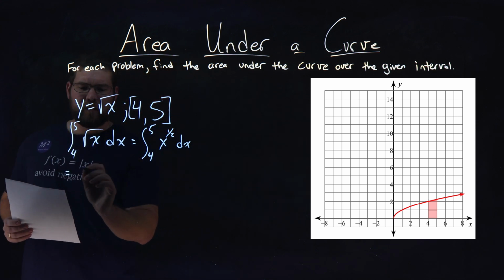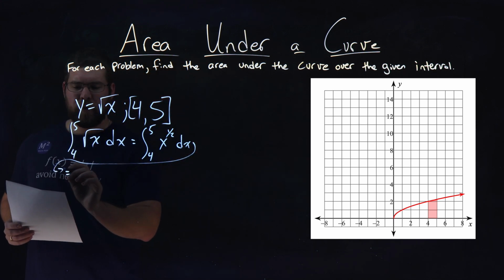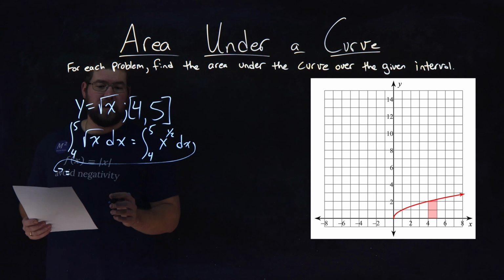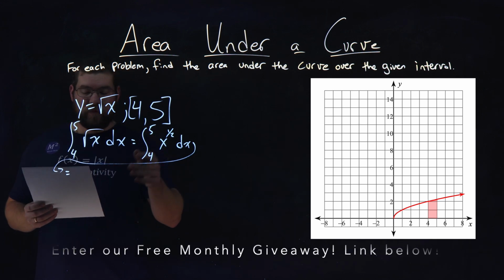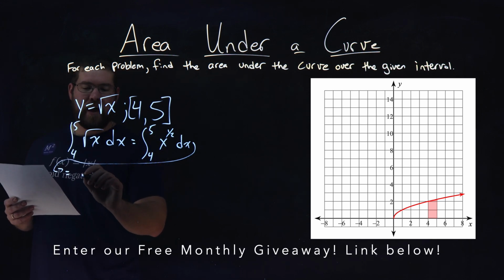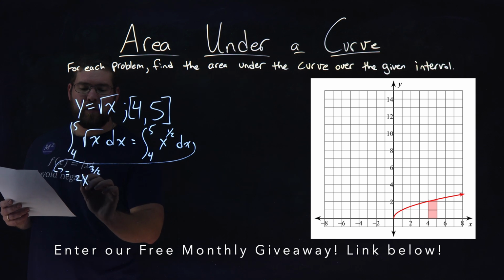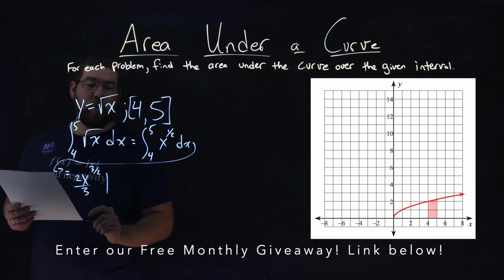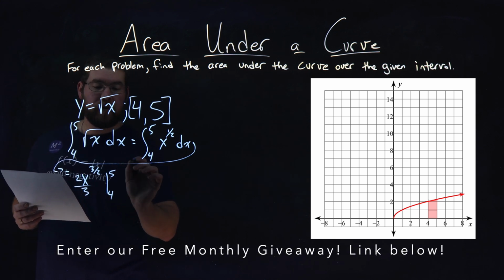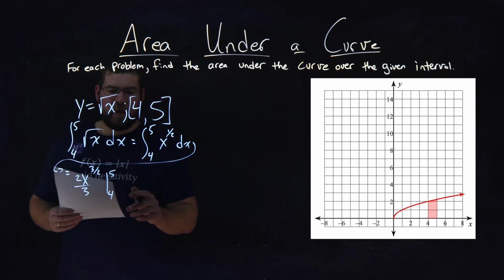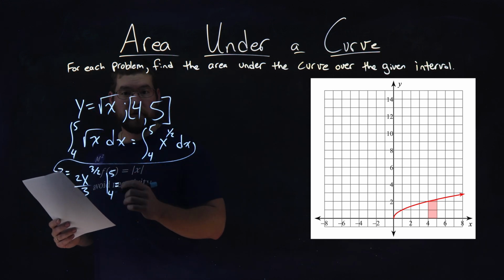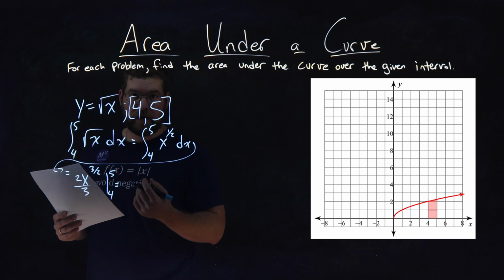So what does this integral come out to be? Well, the integral of x to the 1/2 power is x to the 3/2 power multiplied by 2/3. And we're integrating this from 4 to 5. So from there, what we need to do is plug in 5 first for x, then 4, and we're subtracting them.